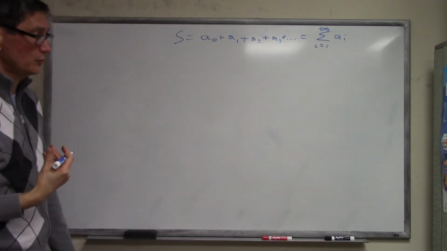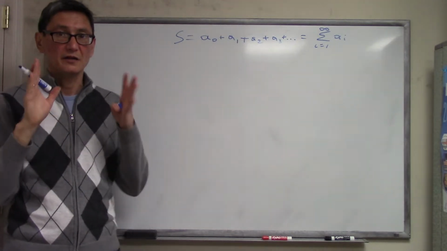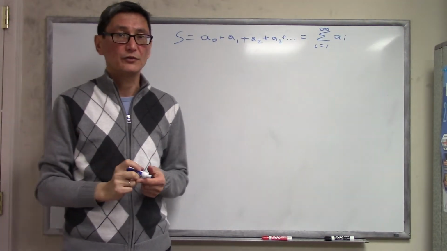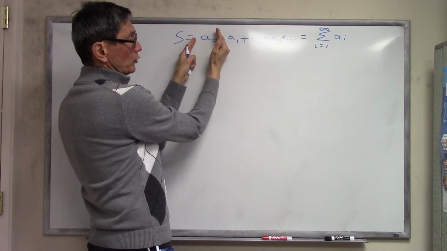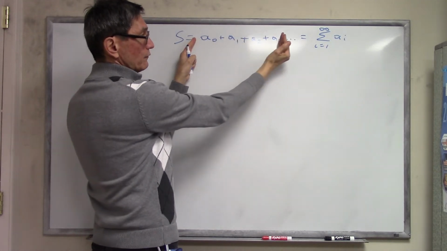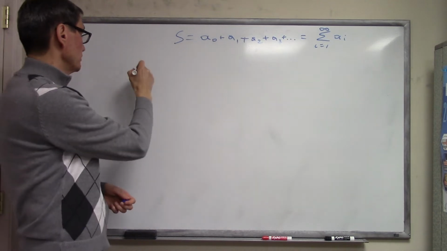What we'll do is try to approximate the infinite series by something finite, by adding only one piece, then 2, then 3, then 4, and so on. So we're going to introduce partial sums.